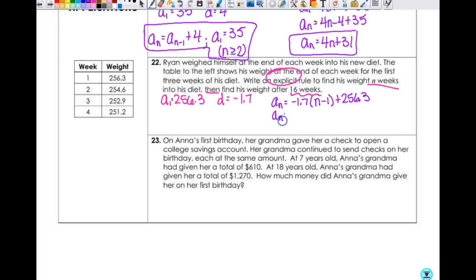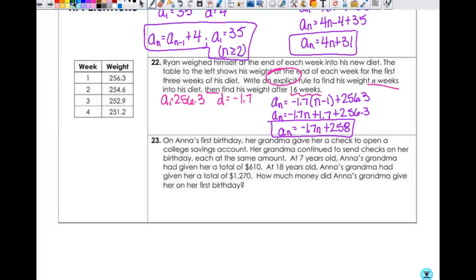So AN is equal to negative 1.7N plus 1.7 plus 256.3. When I clean that up, AN equals negative 1.7N plus 258. Okay, so that is my explicit formula.